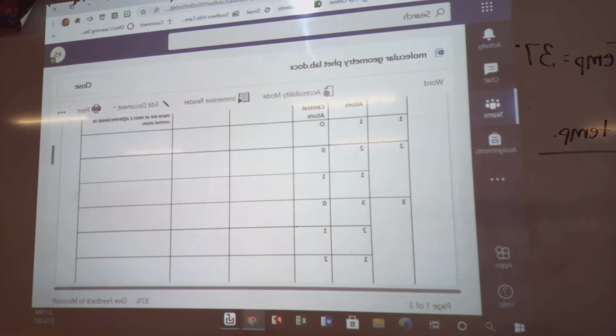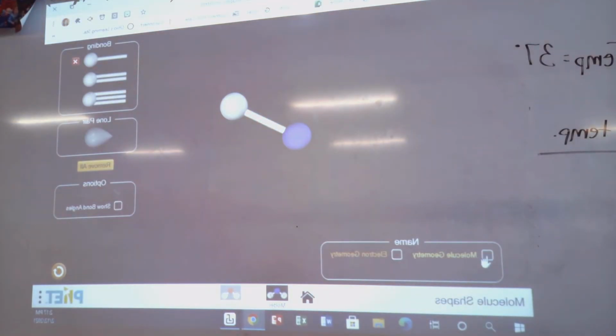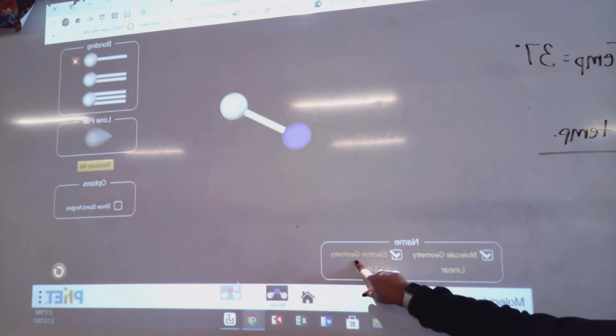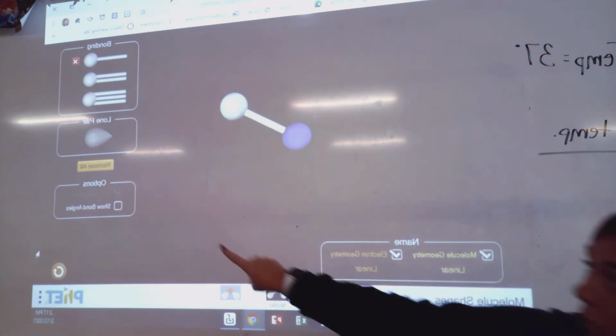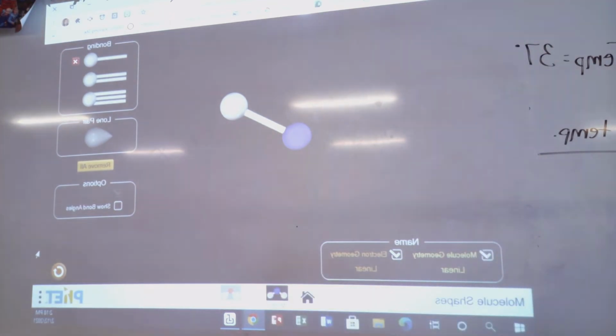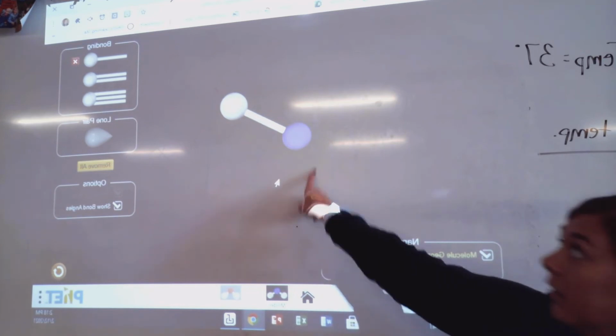So when I do that, if I check this box down here for molecular geometry and this box down here for electron geometry, it gives me the answers to the next 2 boxes. Okay? And then I also have a checkbox over here that says show bond angles. So I click it, and if there was a bond angle, it would tell me.